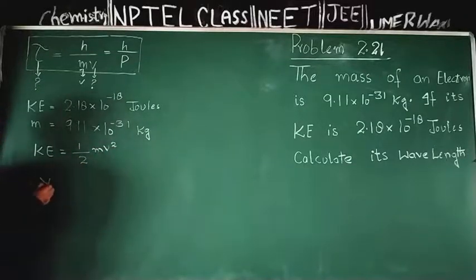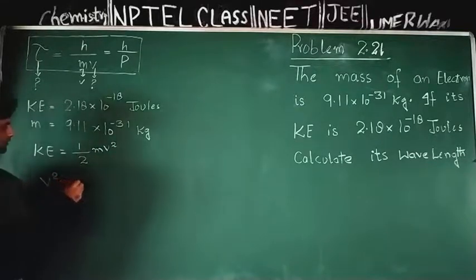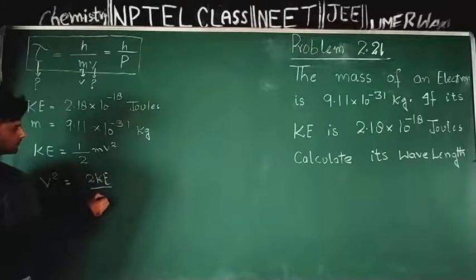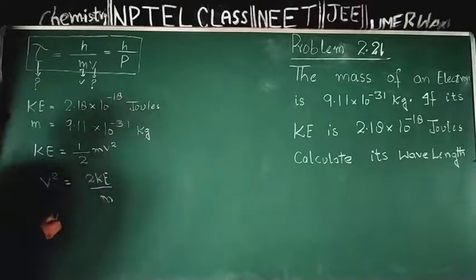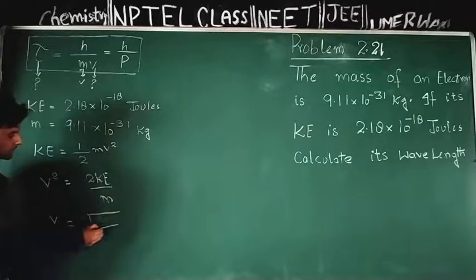Velocity square will be equal to twice kinetic energy divided by m. Velocity will be equal to under root of twice kinetic energy divided by m.